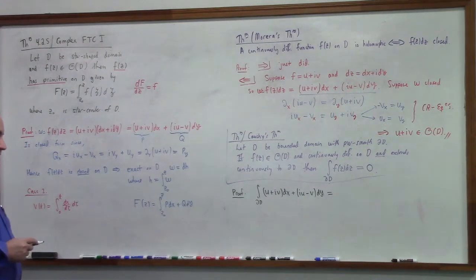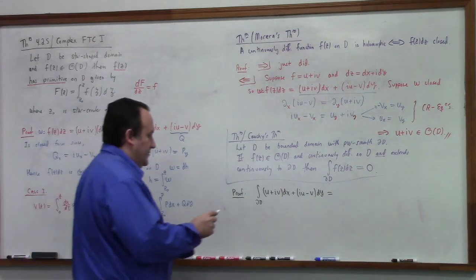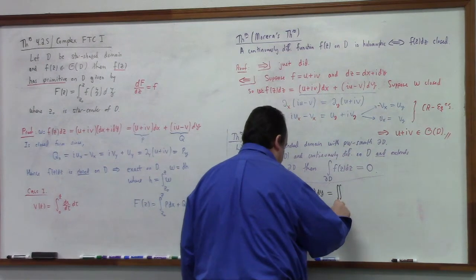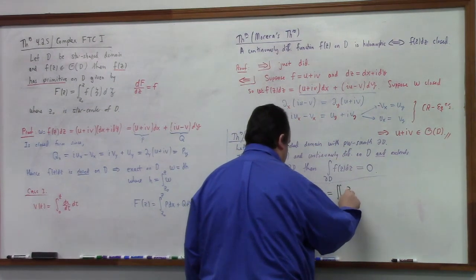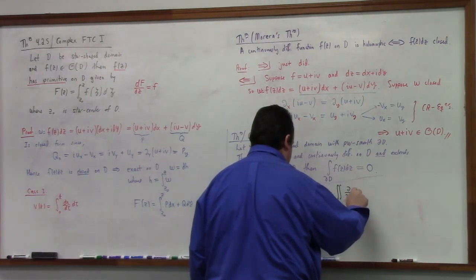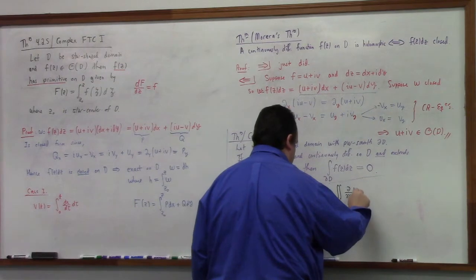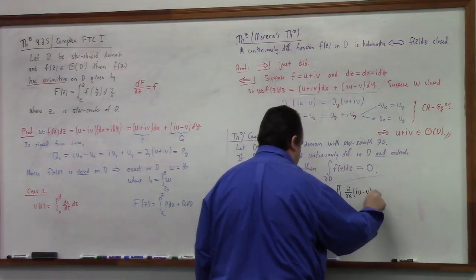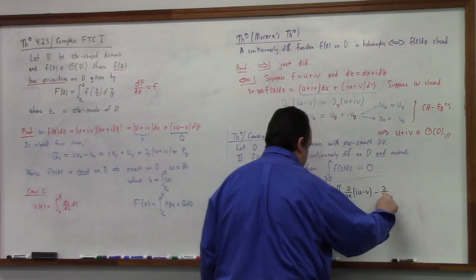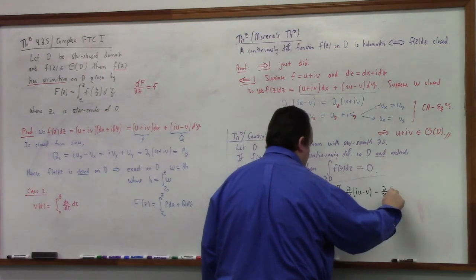So we could use complex Green's theorem, right? Complex Green's theorem says that that's the double integral over D of partial x of the q, which in this case is iu minus v, minus partial y of the u plus iv, right?